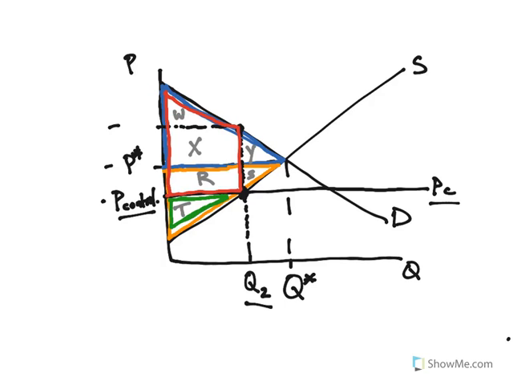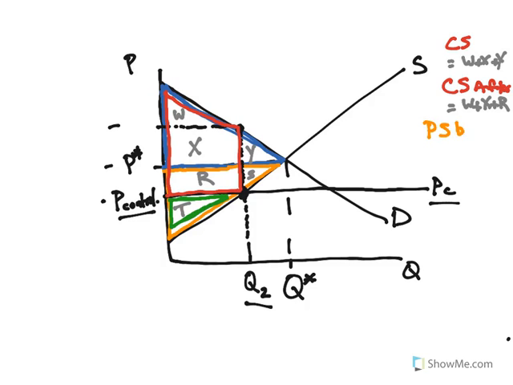Let's break it down. Before the price control, consumer surplus was the letters W, X, and Y. And after the price control, consumer surplus is W, X, and R. Well, let's think about the producers.